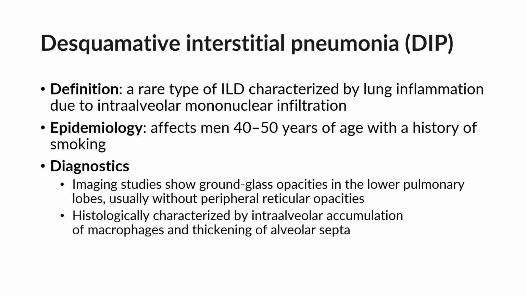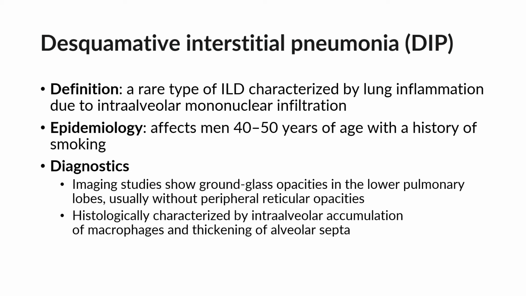Desquamative interstitial pneumonia. It's a rare type of ILD characterized by lung inflammation due to intraalveolar mononuclear infiltration. Affects men from 40 to 50 years of age with a history of smoking. Imaging studies show ground glass opacities in the lower pulmonary lobes, usually without peripheral reticular opacities.